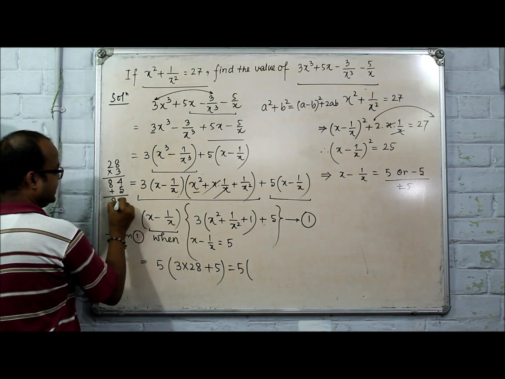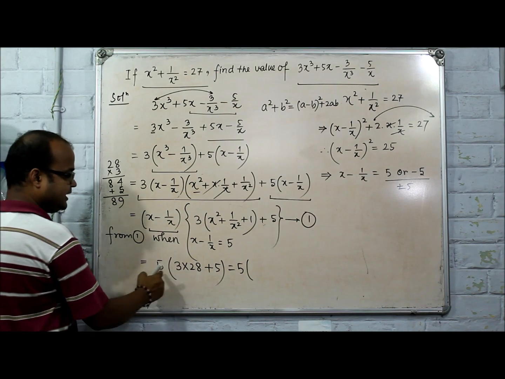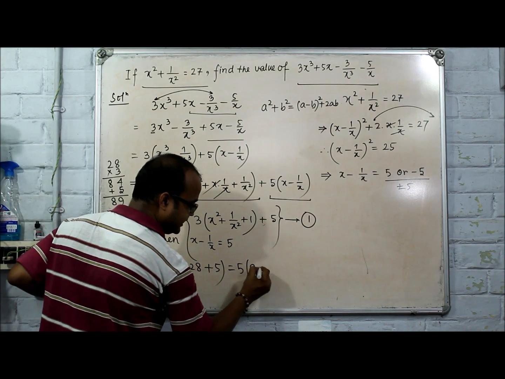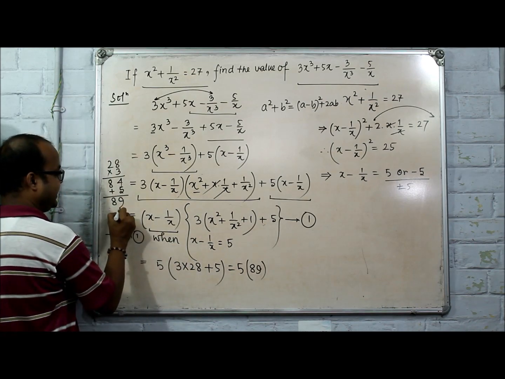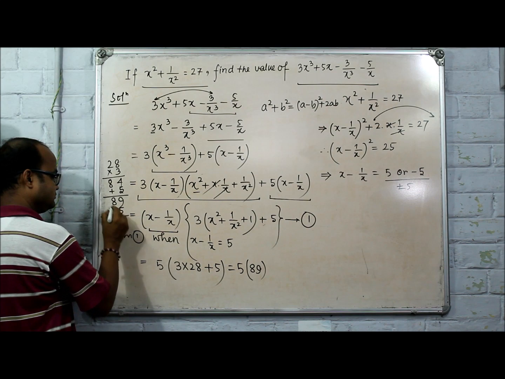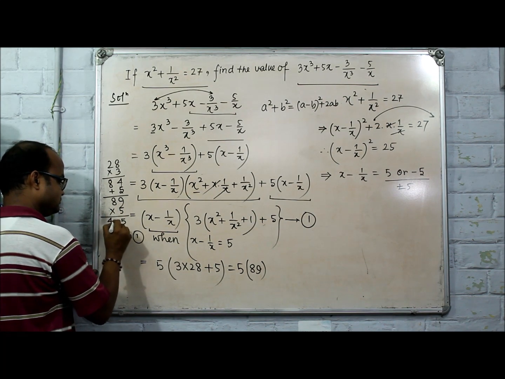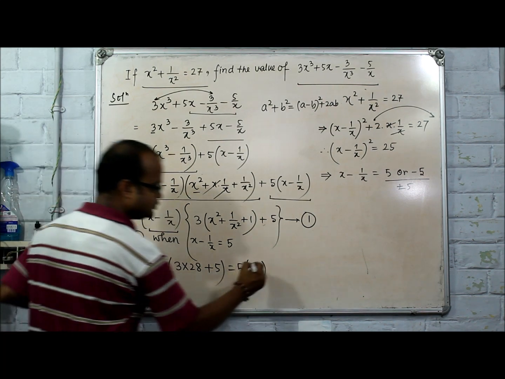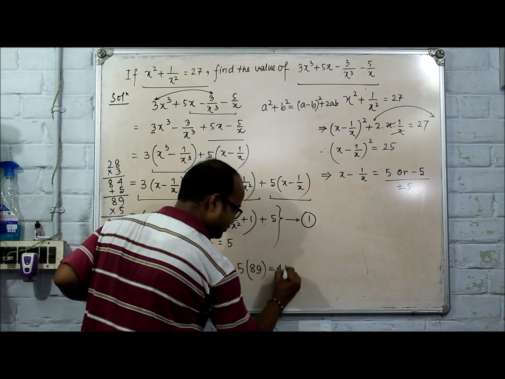I am showing all the calculation here. 89. So here we are writing 89 and then we need to multiply 89 into 5. 445. So the answer is 445.